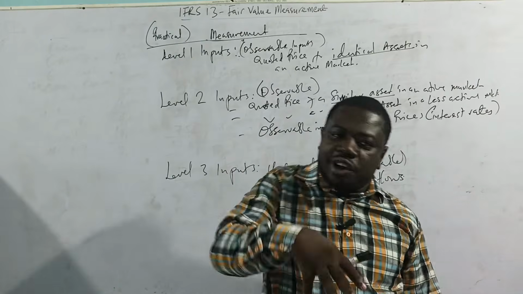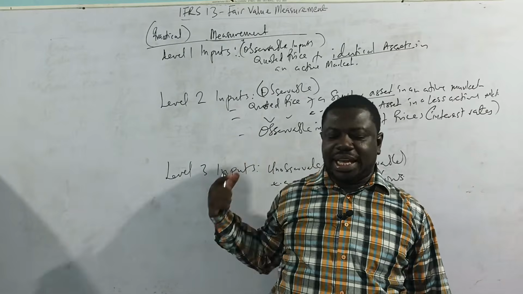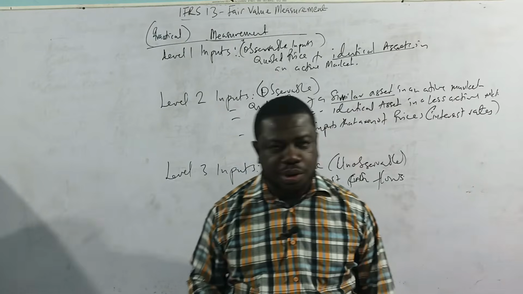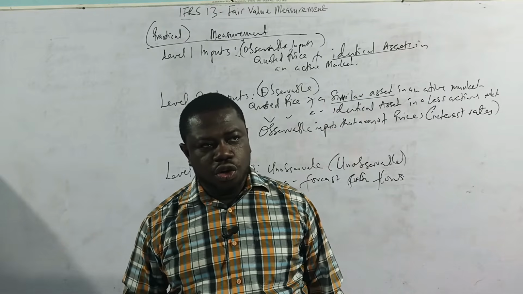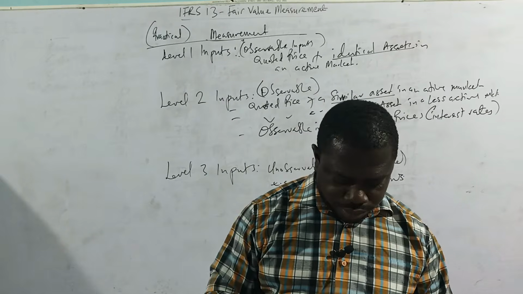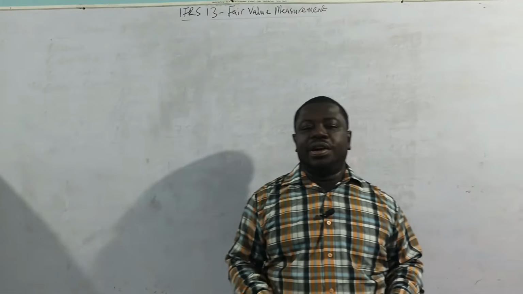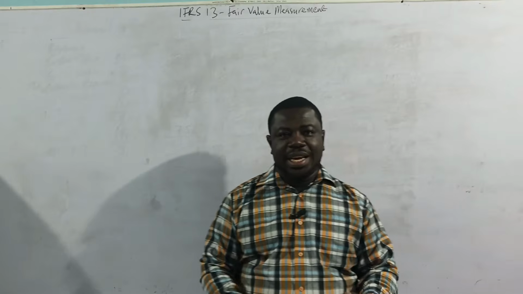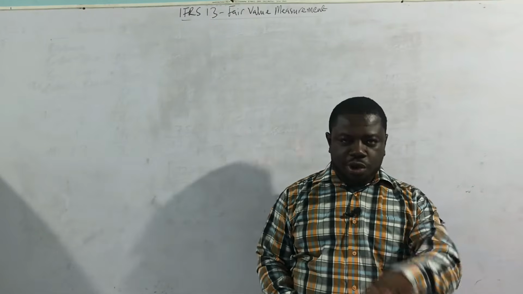Now, I'm going to solve a question with you right now, and it will help us understand these 3 levels of input very well, and how to do valuation for your fair value. We are going to take a very simple question that will introduce our understanding of this.